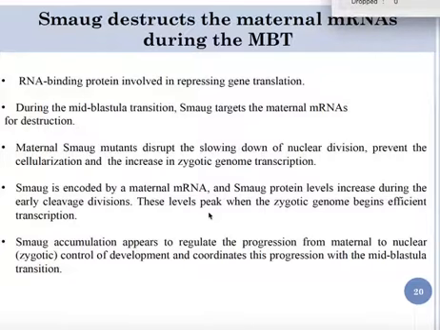Before the MBT, we have low levels of Smaug expression. Why? The highest levels are by the MBT stage, because it's needed at the MBT in order to degrade the maternal messenger RNAs and to induce the expression of the zygotic genes. So Smaug is very essential for the progression from maternal genes to zygotic or nuclear development.